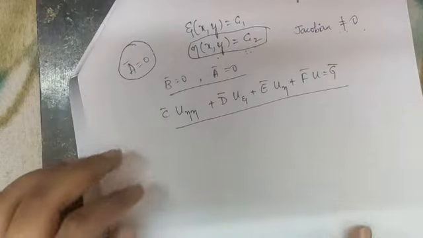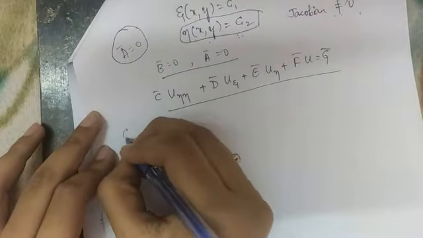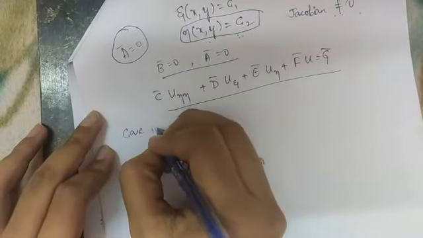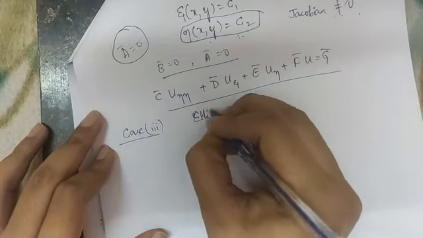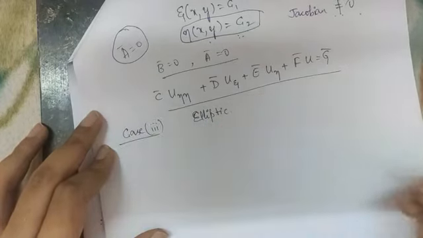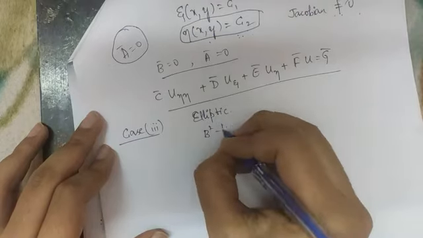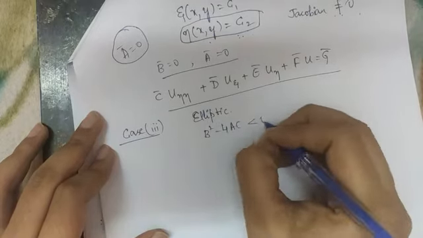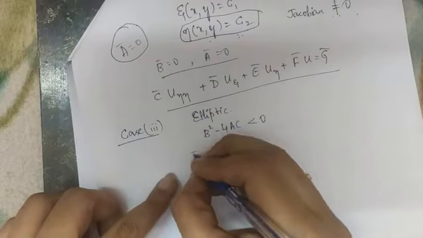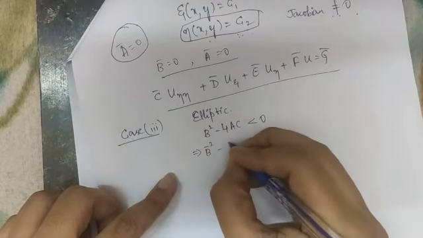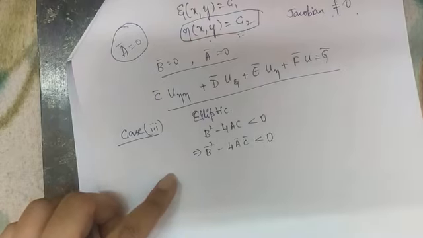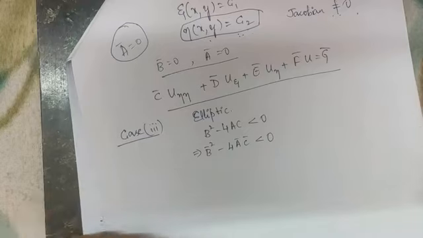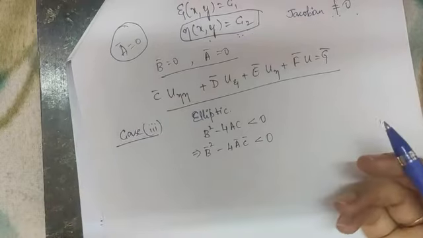Now let's consider case 3, which is nothing but the equation of the elliptic type. Elliptic means b square minus 4ac is less than 0. So this implies b bar square minus 4a bar c bar is less than 0. In this case, we cannot assume any value for any of a, b or c.